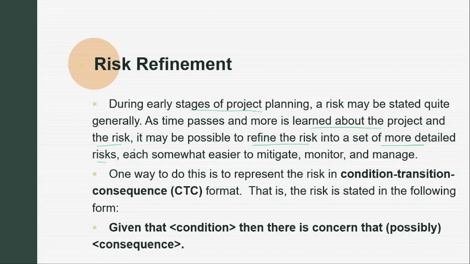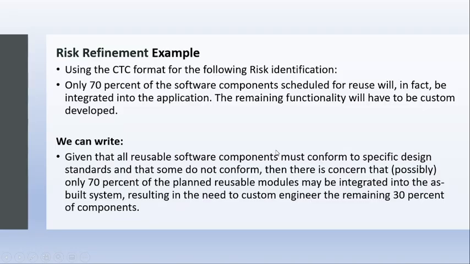Given that the condition is there, there is a concern that possibly there will be consequences. So there will be a condition, and then the possibility of consequences for the project, and that is how we calculate it here.